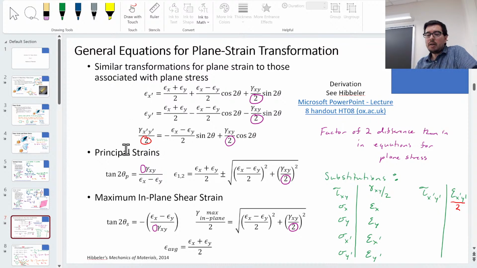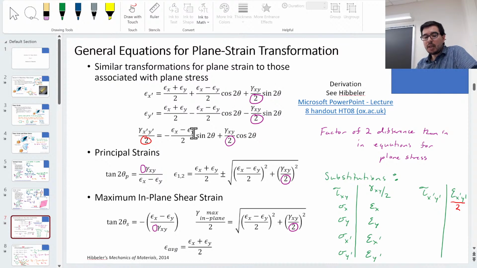But what's interesting is that when we do these strain transformation equations, yes, there are quantities like the average and the difference over 2. Those are not too distinct from what you saw with the stress transformation equations. But what is distinct is that for the shear strain, we have a factor of 2 often involved, okay?